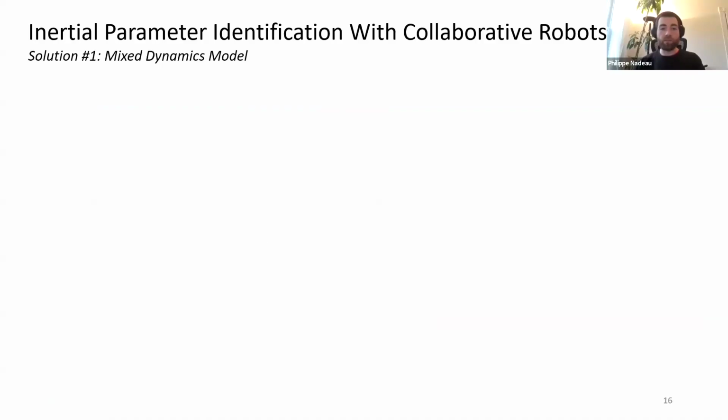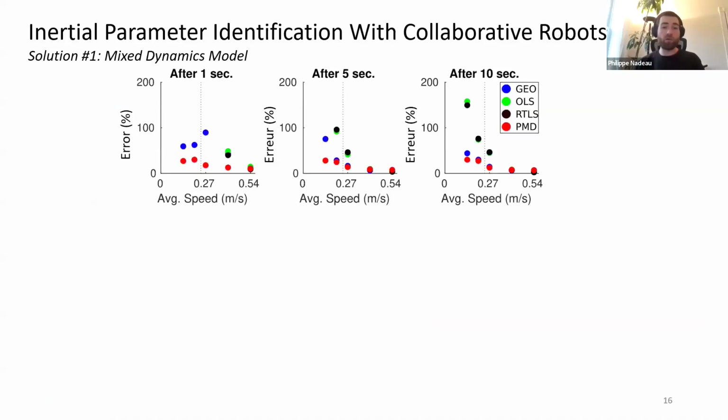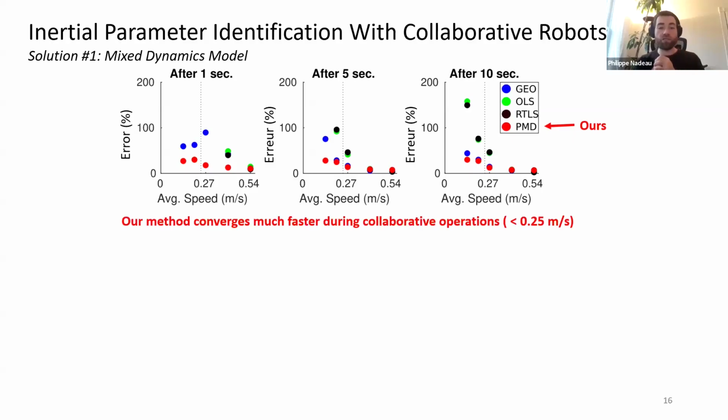And the results from both simulation and real-world experiments suggest that our method converges much more quickly than other methods during collaborative operations, for which the average speed shouldn't exceed 0.25 meters per second as per the ISO standard.